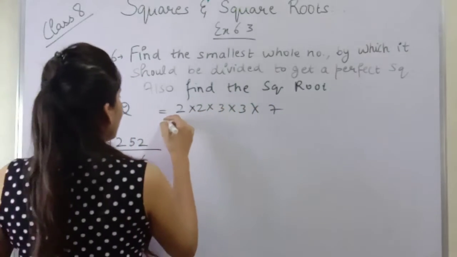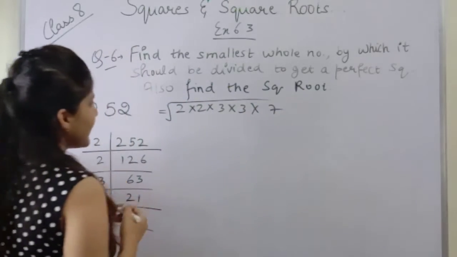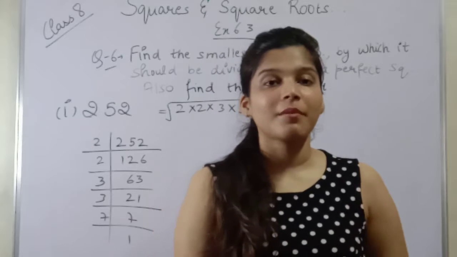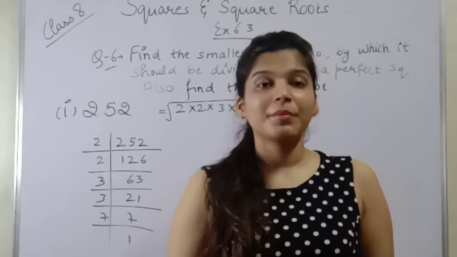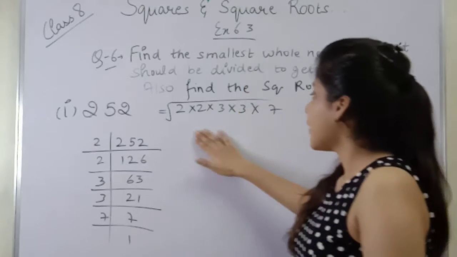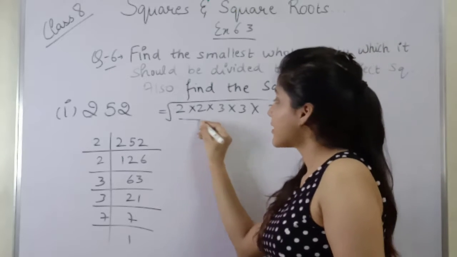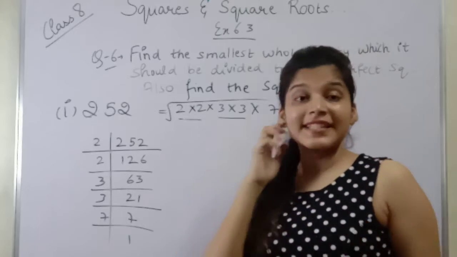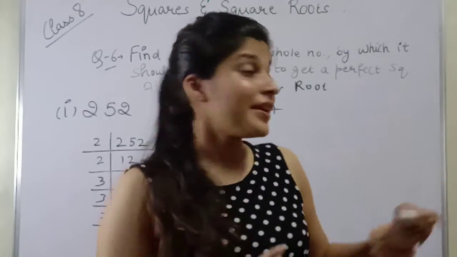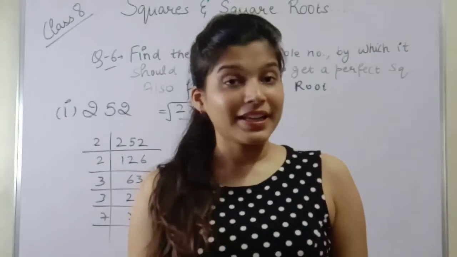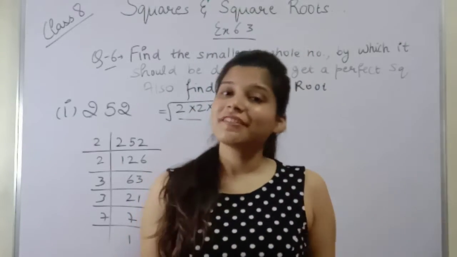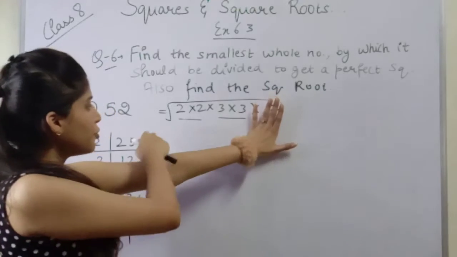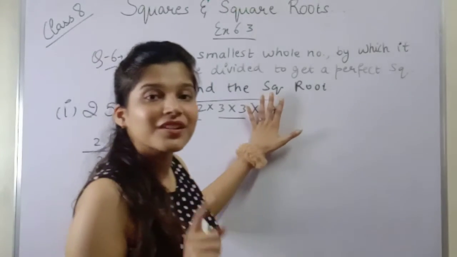Okay. Now ये तो हमारे factors हैं, but अब हमें we have to find the smallest whole number by which this number should be divided. Now if I make pairs, this is one pair, this is second pair, and now 7 is a single term. So अब इसमें एक और 7 मल्टीप्लाई नहीं करेंगे, हम इस 7 को डिवाइड कर देंगे. अगर हम ये 7 यहाँ से हटा देते हैं तो भी तो 2 into 2 into 3 into 3 एक परफेक्ट स्क्वायर होगा ना.